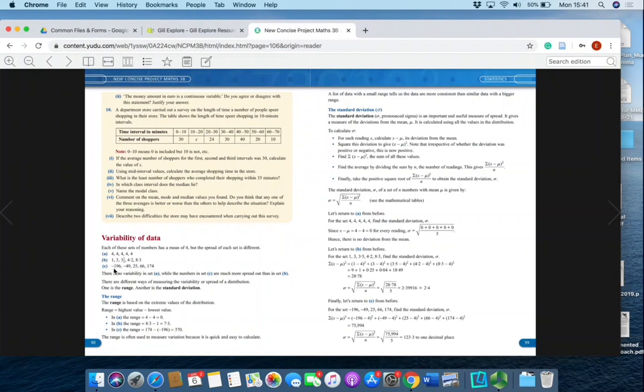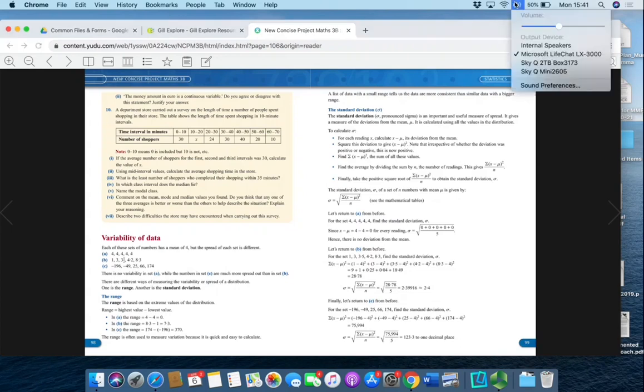However, if I look at C, I'm going from minus 196 up to 174. I'm just on my calculator here. So the range of that data is 370. Okay, so a huge range. So although the three data sets had a mean of 4, their spread was a whole lot different.